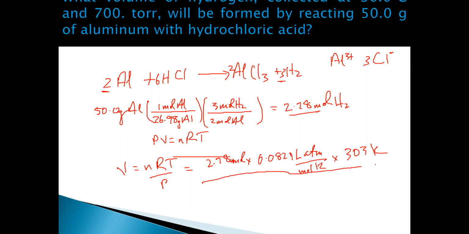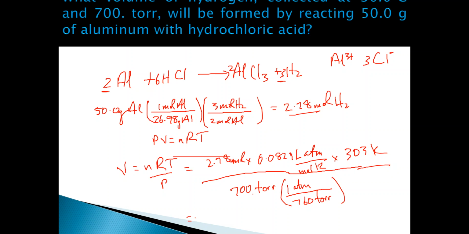Now, they gave you the pressure in torr, 700 torr. But we have to convert that to atmospheres. And if you recall, the relationship between the torr unit and the atmosphere unit is 760 torr equal to 1 atmosphere. All right? And then we work that out.